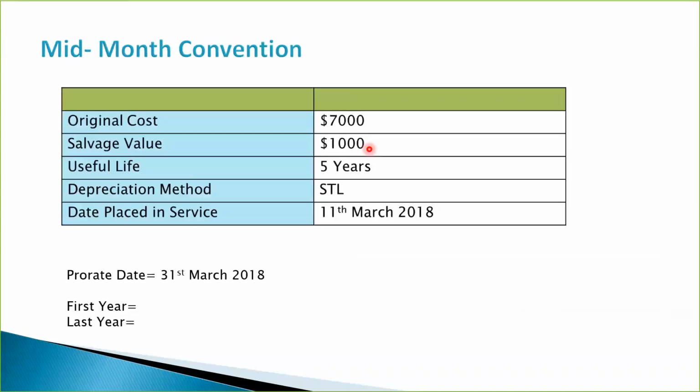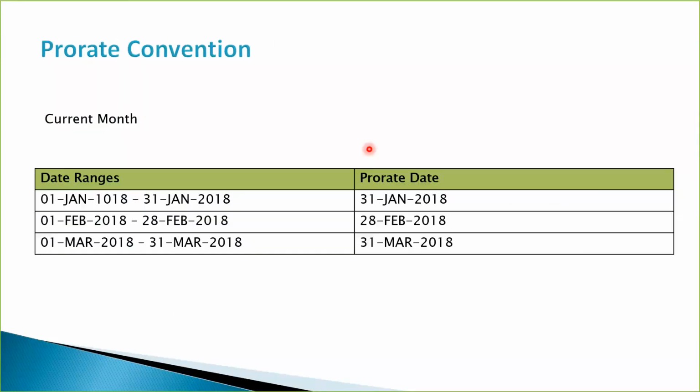So let me explain why we say it can be similar to the depreciation calendar and it can be different. If we go back to the current month convention, here it gives the date ranges and the prorate date. Once the system acquires the prorate date, it goes and checks to which period this prorate date belongs. This prorate date belongs to the period of January, and we said that it checks that at the prorate calendar.